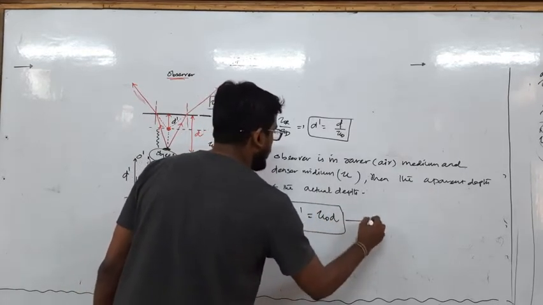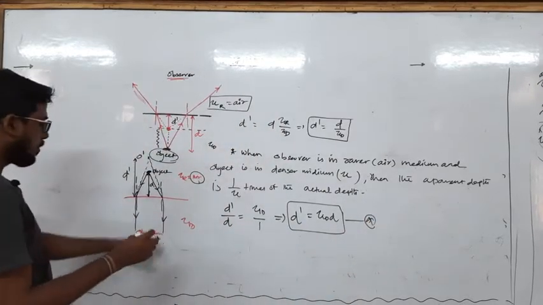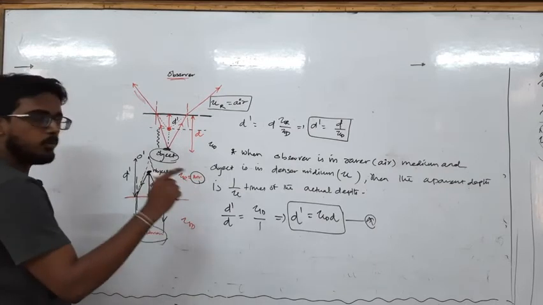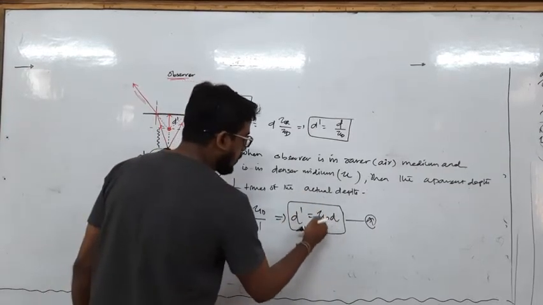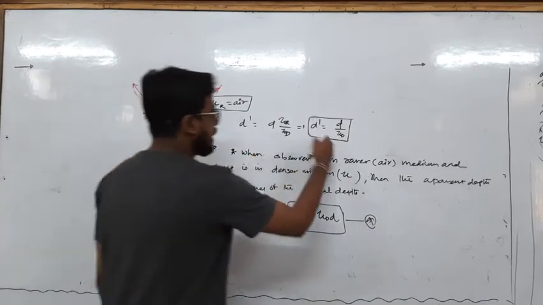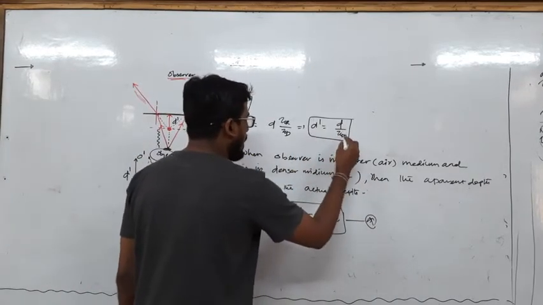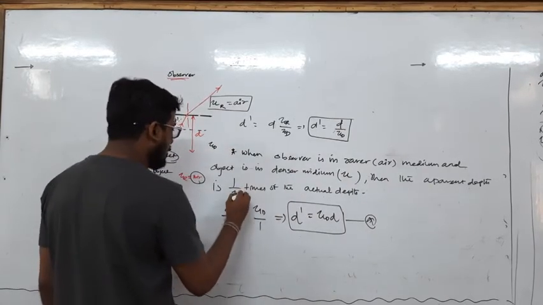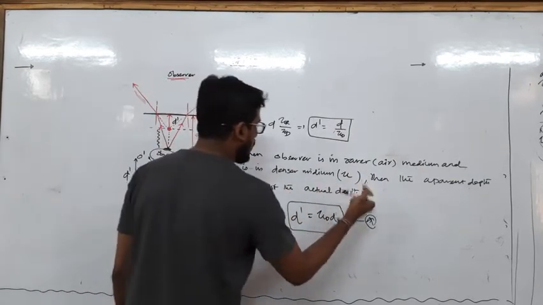Clear? So when the observer is in denser medium and the object is in rarer medium, the apparent depth will be mu of the denser medium times the real depth. Here the apparent depth will be 1 by mu of denser times the real depth. The apparent depth is 1 by mu d times the actual depth.